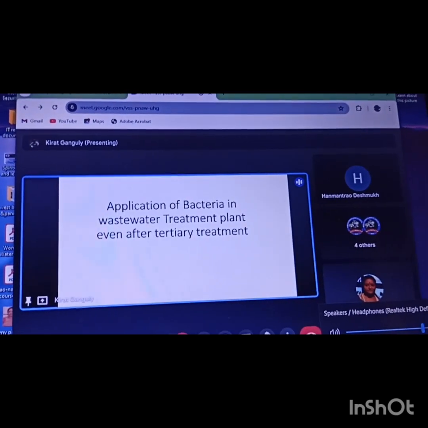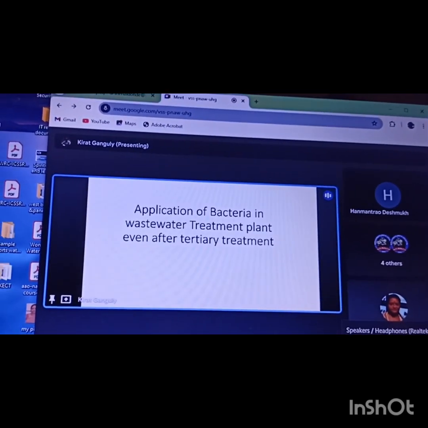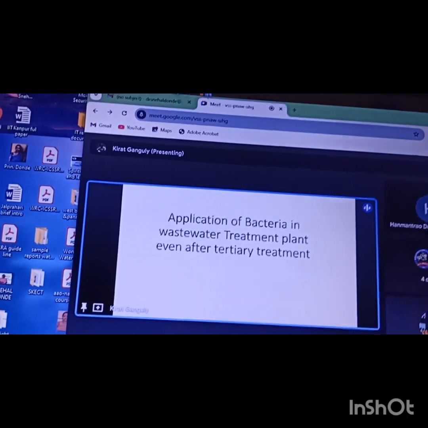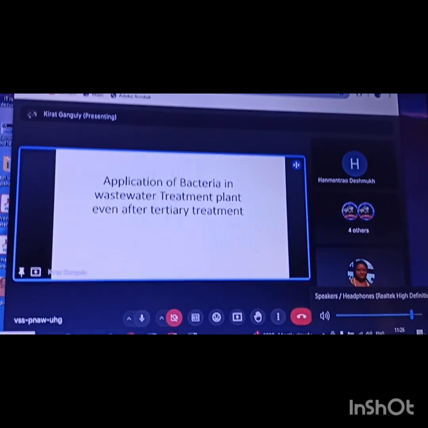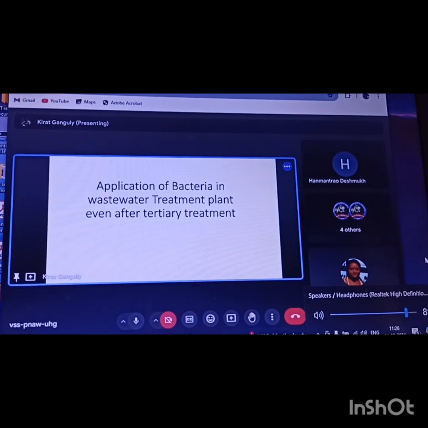And here the application is different. As we know, we want to treat the water which is going through the municipality wastewater treatment plant.